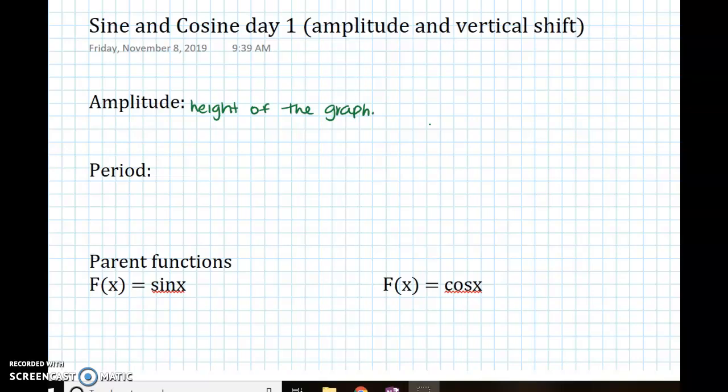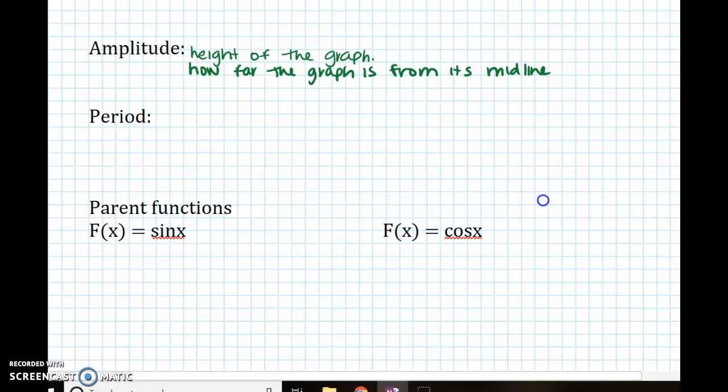It's also a measure of how far away the graph is from its midline, which will all make sense in a minute.